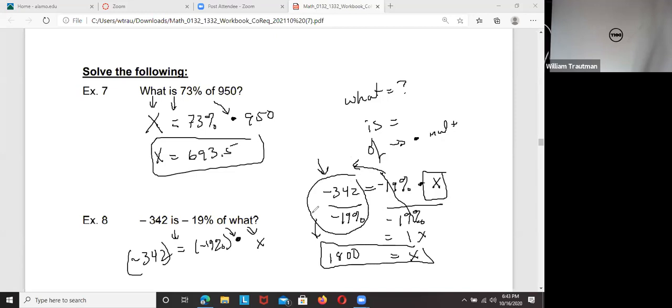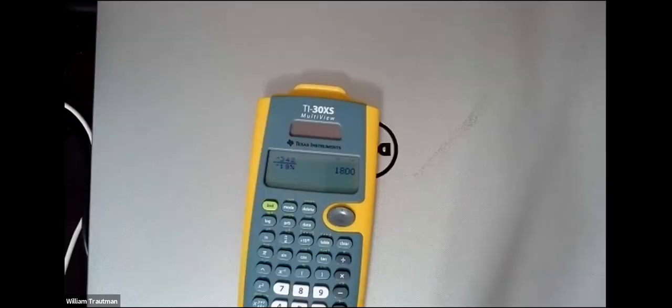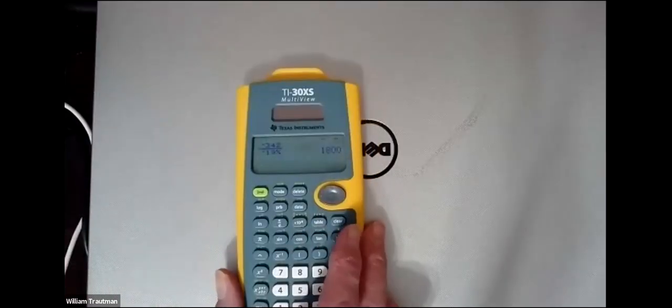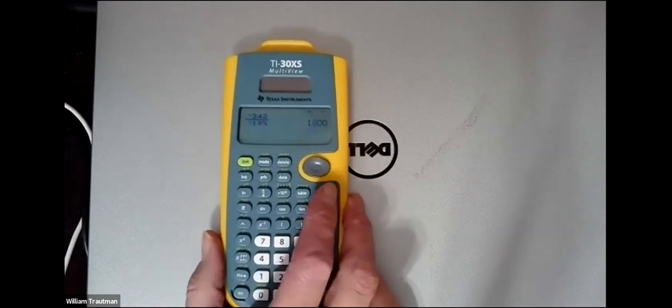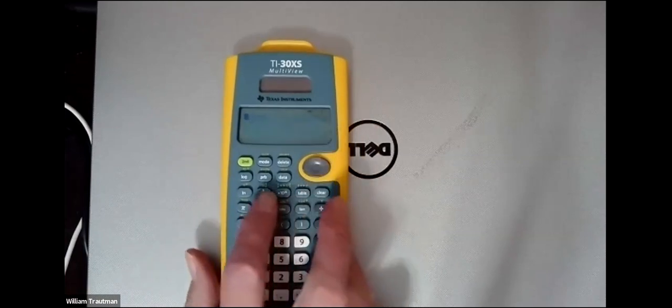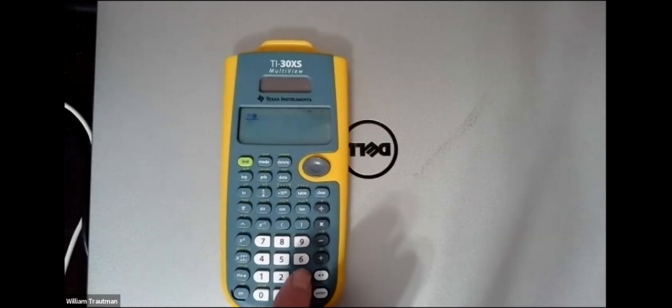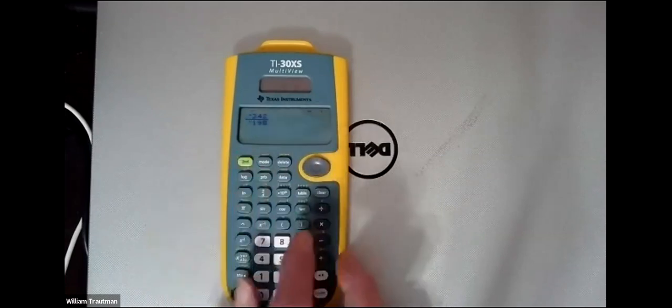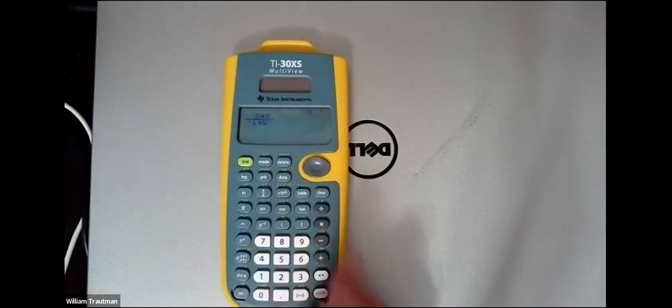You should get a positive 1,800. Negative 342 divided by negative 19%. I went to fraction, negative 342, then I arrowed down, negative 19 with the percent symbol. And you got 1,800.